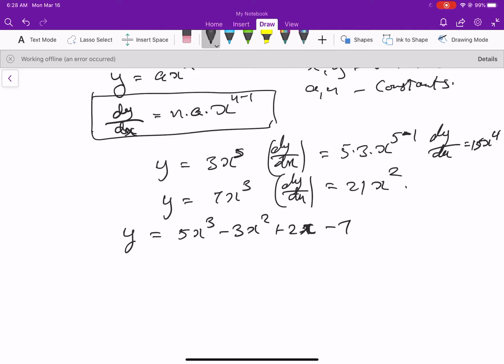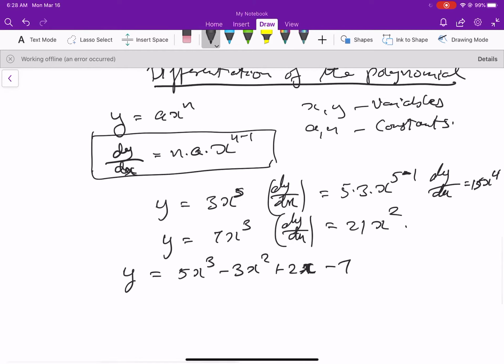You simply apply the rule as shown up here, y is equal to ax to the n. You apply it to each individual part of this function, and you simply add and subtract the pieces back together.